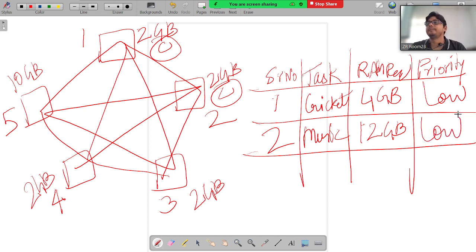Low priority. But RAM is available. So here we can start music. 10 plus 2, 12 for music. Now this is occupied, this is occupied, this is occupied. Now how much GB left? 2 GB. Only 2 GB left if we want to start anything on the grid.